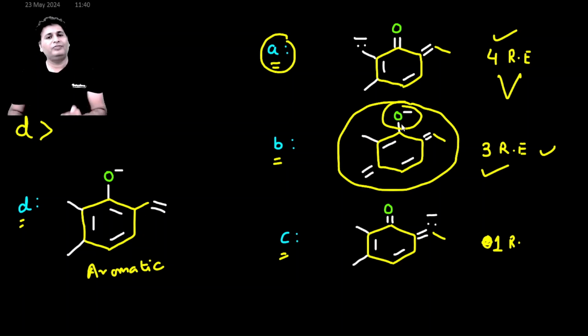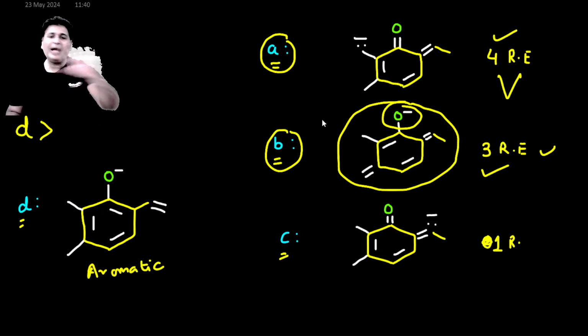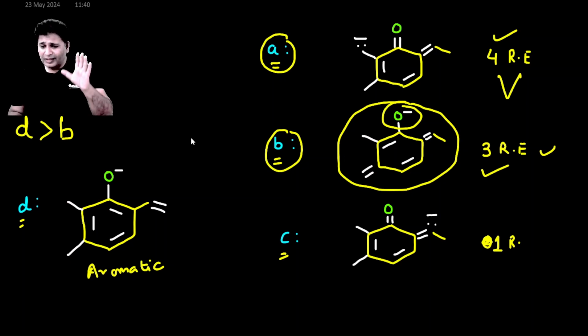And because of that, B is a better option than A. So whenever there is a fight between quality and quantity, not differing much, like here, one is 4, one is 3, if quality wins, you should go with the quality, and that is what is happening in this case. After D will come B, and then A.